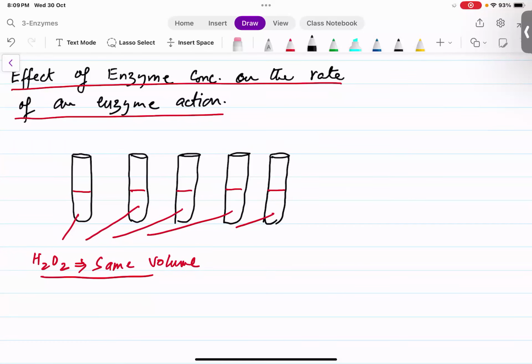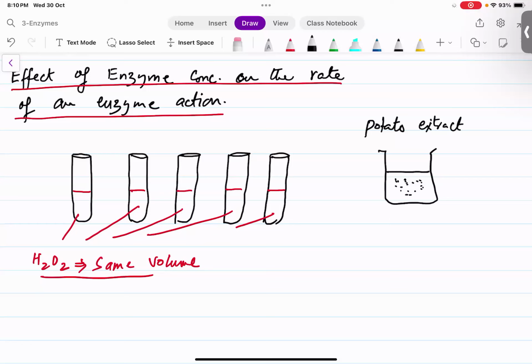To get an enzyme catalase, we can use the potato extract. We grind the potatoes in distilled water, and a small volume of water may be added just to facilitate the grinding of the potato extract.